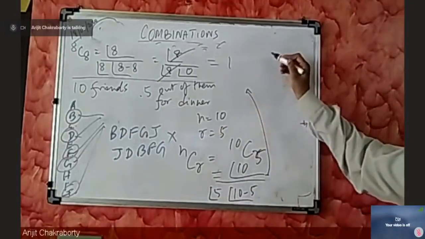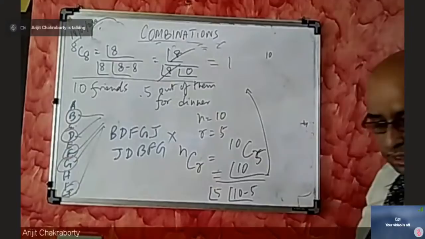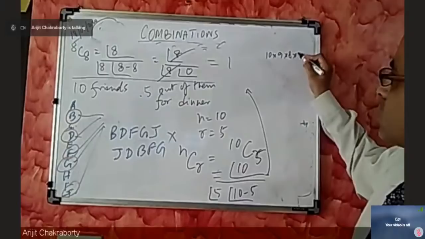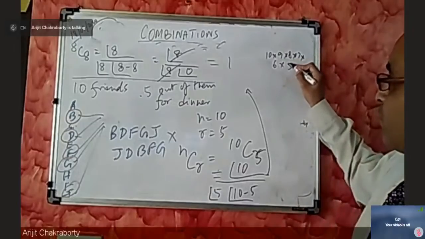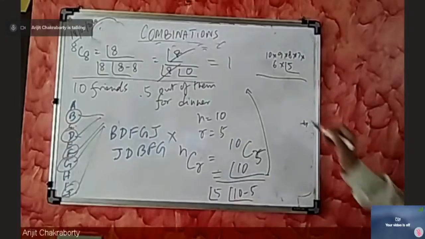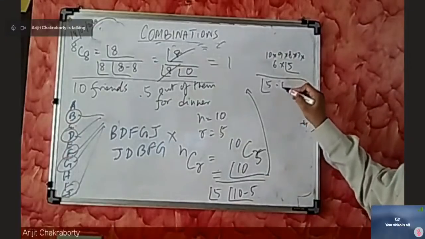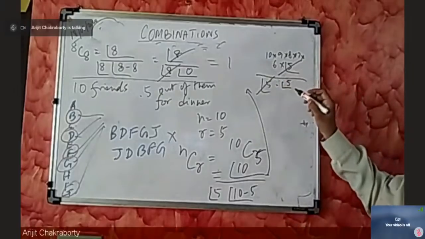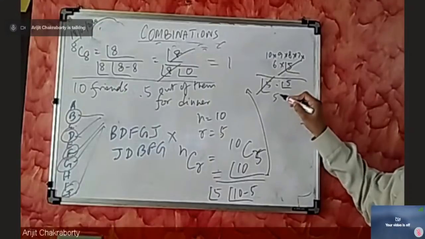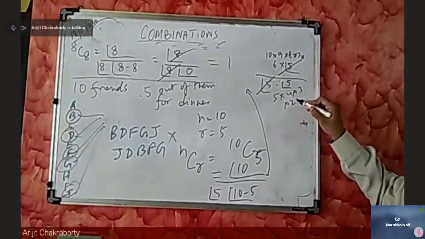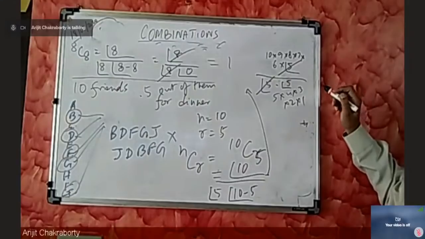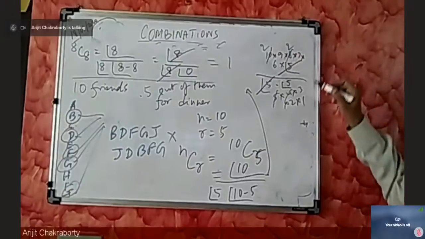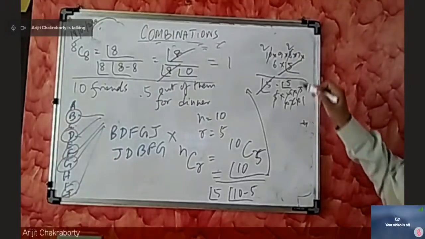Let's work it out here. So 10 factorial, let's work out. 10 into 9 into 8 into 7 into 6 into 5 factorial, and in the denominator we are having 5 factorial into 5 factorial. So this 5 factorial is gone. So in the denominator we now have 5 factorial, this is 5 into 4 into 3 into 2 into 1. So let's multiply this. 5 into 2 times, 4 again 2 times, 3 and 2 cancel out 6.